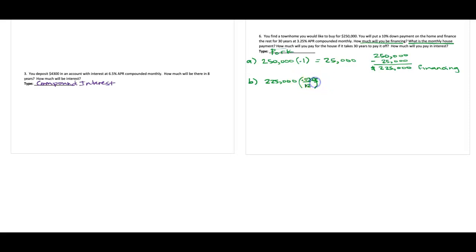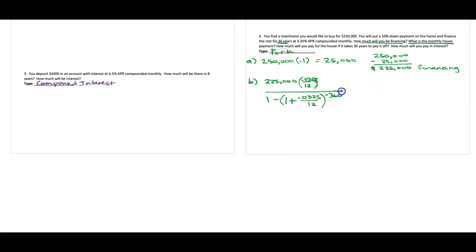Okay, and then we're going to divide that by 1 minus parenthesis 1 plus that same thing there, that R over K, so 0.0325 divided by 12, raised to the negative 360th power, because it's still 30 years and 12 months. All right, and make sure you have it as negative.